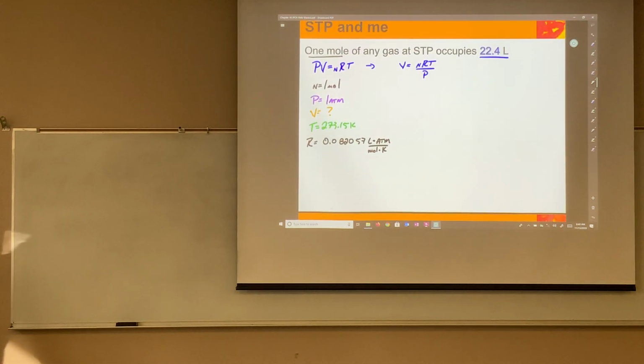All right, so now that we have that all, let's see if we can plug this all together. Volume of the tank equals n, 1 mole, times R, 0.082057 liters atmospheres per mole Kelvin, times temperature, 273.15 Kelvin, divided by pressure, 1 atmosphere.